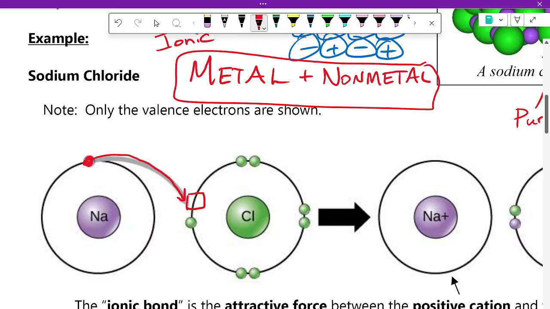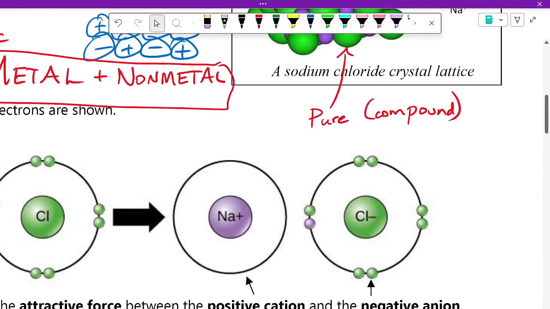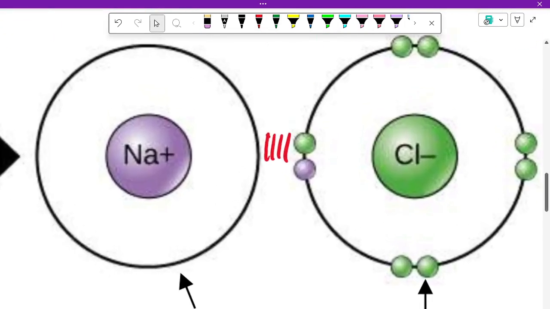Now sodium has a positive charge, and chloride, because it's got that 1 extra electron, has a negative charge. What's that red thing there? That is the electrostatic attraction.